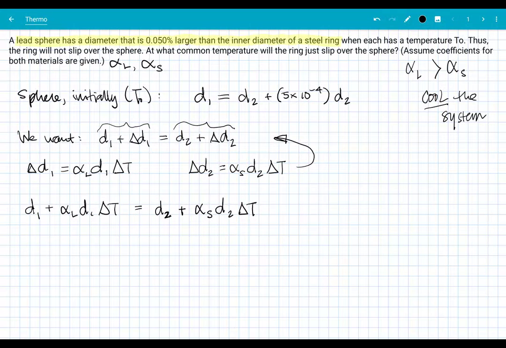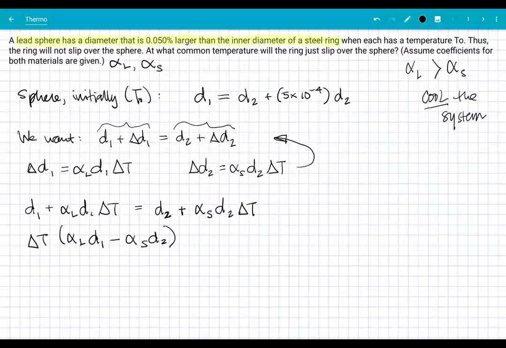Great. Now we can solve for delta T here. So I'll just isolate my delta T. Let's see, lead sphere minus steel times the diameter of the ring is equal to diameter of the ring minus diameter of the sphere.